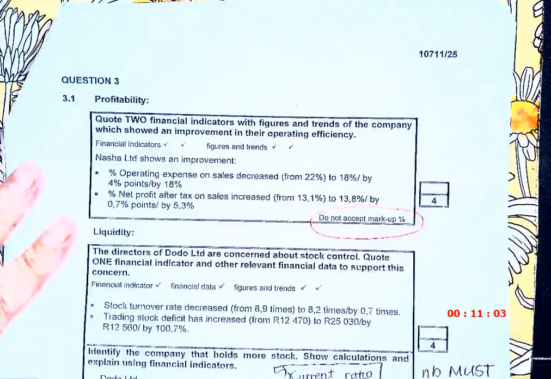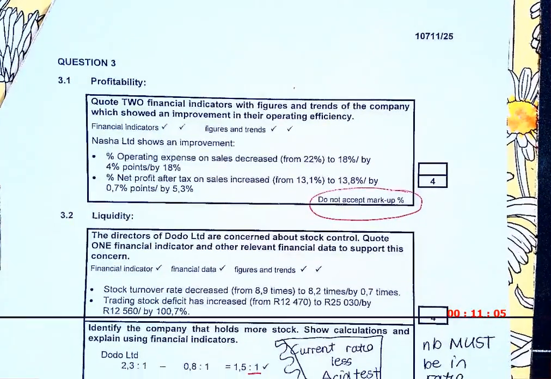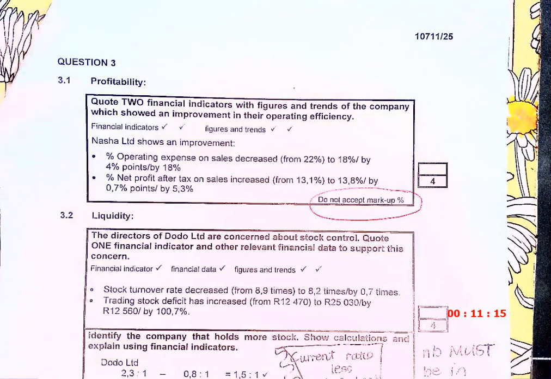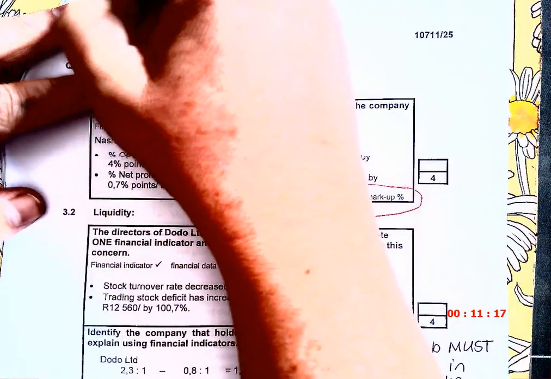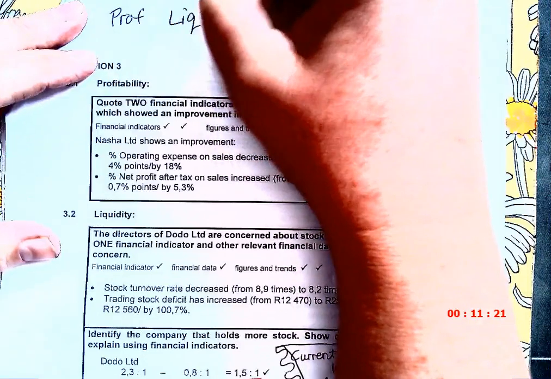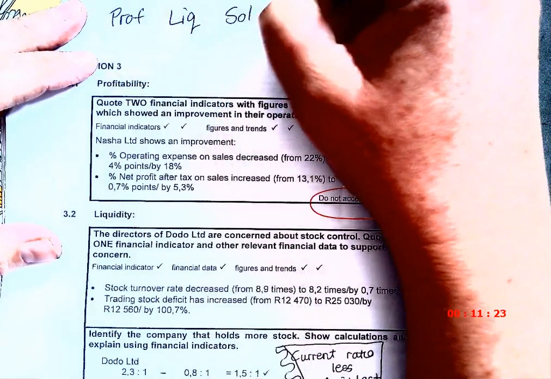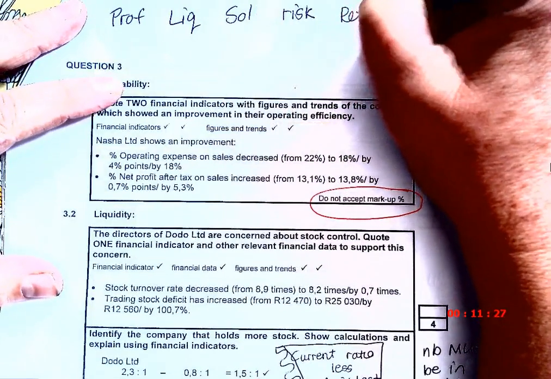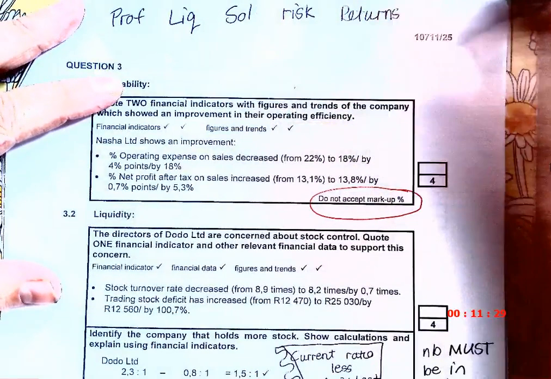When I go to question 3, I need you guys to go back to that lesson, and I did record it, where I said all the ratios are being put in sections, right? You've got your profitability, your liquidity, your solvency, your risk or gearing, your returns. Ne?